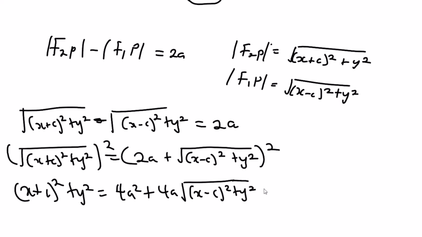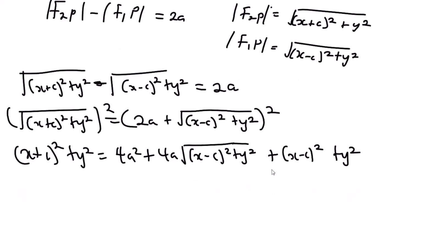Then plus, so this is going to multiply by itself, so I still get x minus c squared plus y squared. Alright, so we have this. Now let's see what happens next.